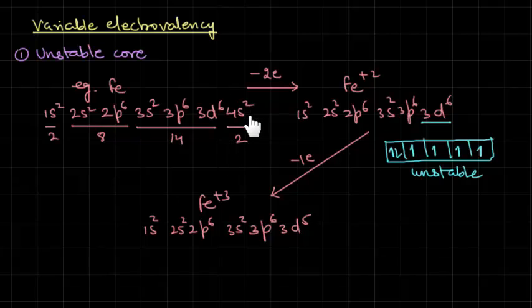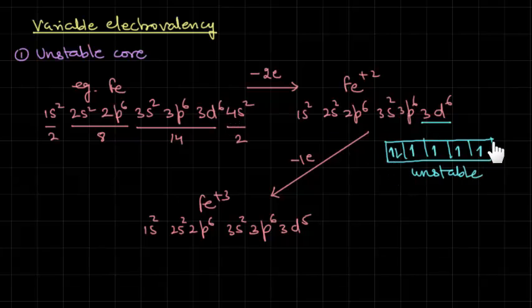If it loses these 2 electrons, it will have the configuration of 3s2, 3p6, which is of the noble gas. But in reality, when it loses these 2 electrons, it becomes 1s2, 2s2, 2p6, 3s2, 3p6 and 3d6.